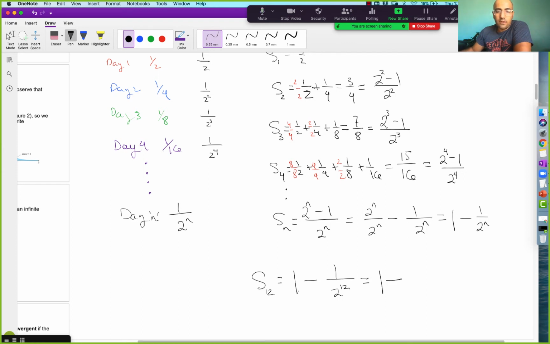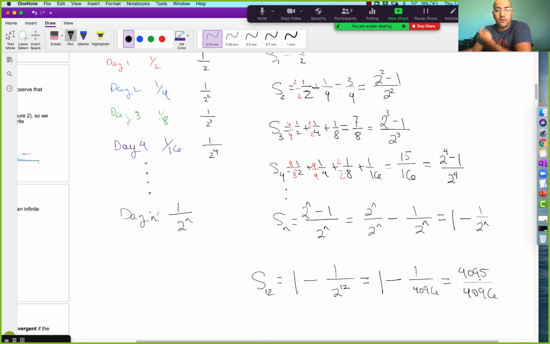This is 1 minus 1 over 4096. So this will be equal to 4095 over 4096 as a ratio of the pie. So almost all of it. There's very little pie left at this point, right?